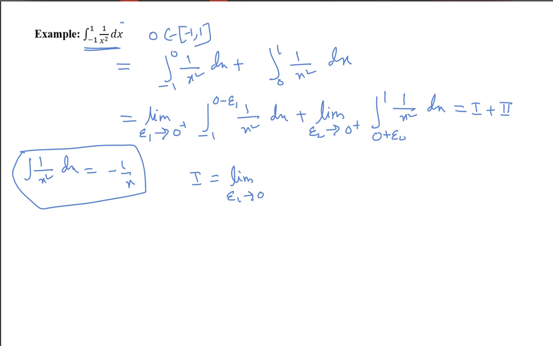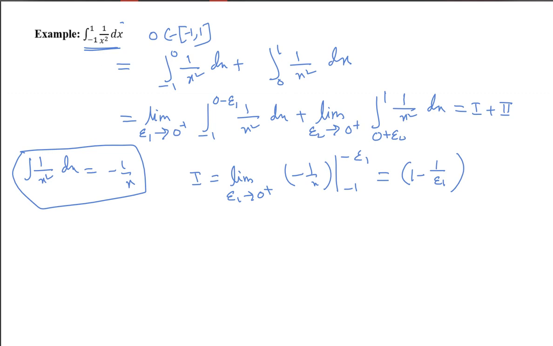Limit epsilon 1 tends to 0 plus, this will be minus 1 by x, from minus 1 to minus epsilon 1. So it will be 1 by epsilon 1 minus 1.